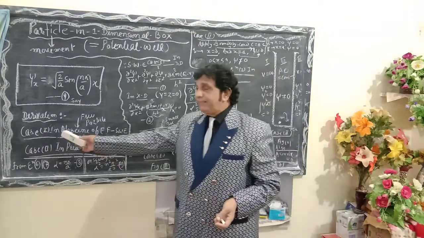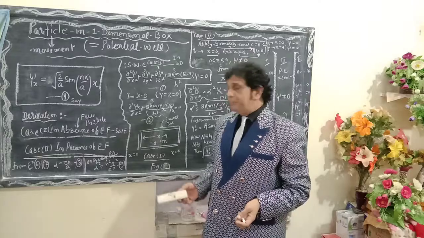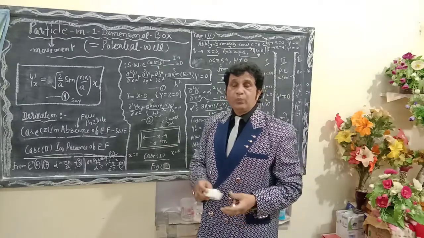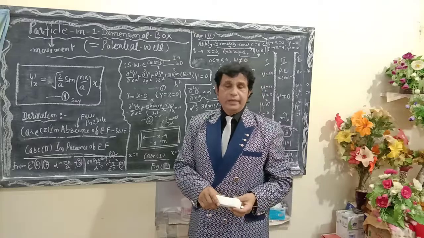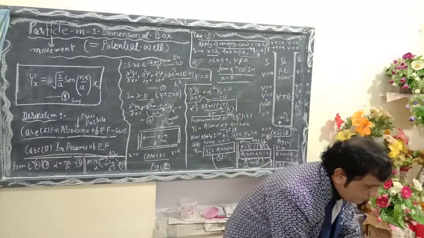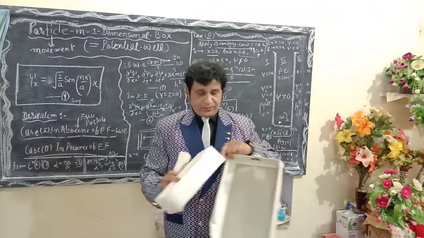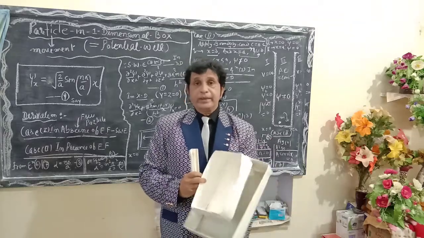Based on case first, I am drawing the diagram here in the form of a very small box. In our previous lecture, we also explained case first and case second.